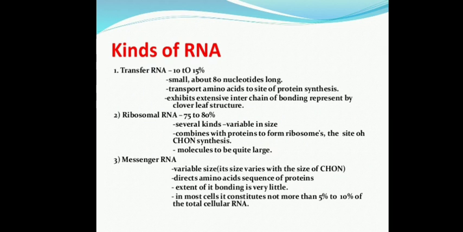Now tRNA is known as transfer RNA. The transfer RNA is the smallest of all the types of RNAs. It consists of near about 73 to 93 nucleotides, and it is a well characterized and completely sequenced RNA.